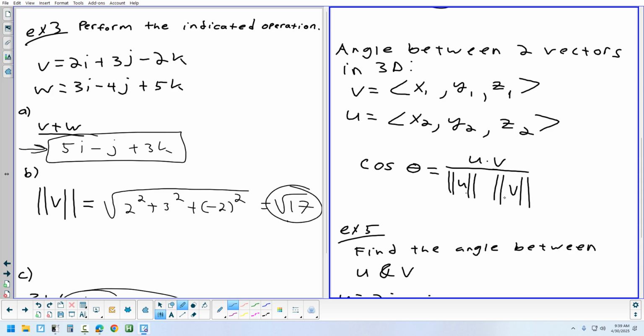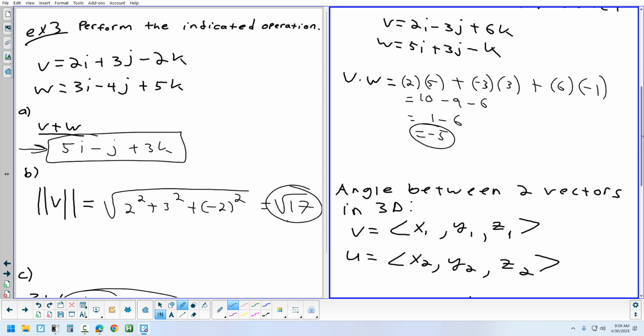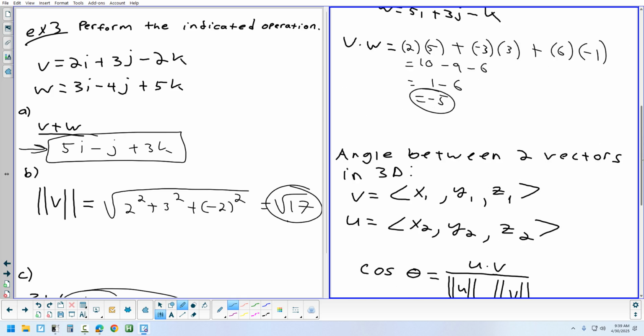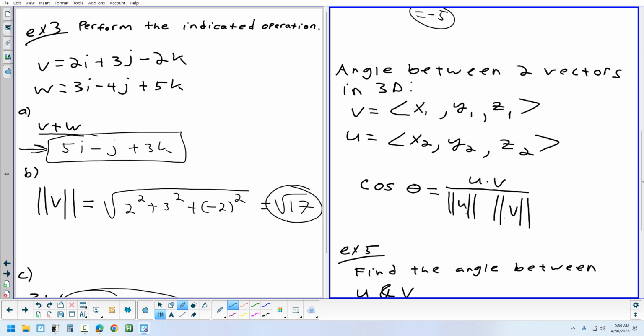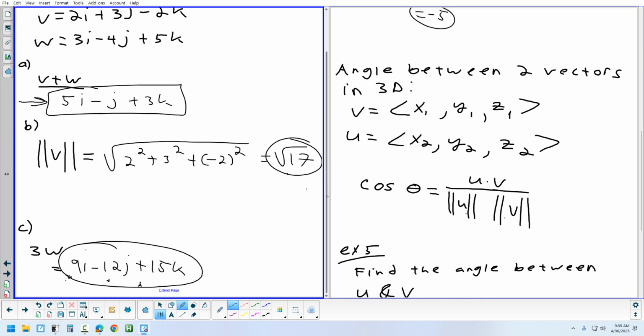It's a 3D dot product, which I just showed you how to do right up there. Then it's a 3D magnitude, which I showed you how to do right here, and another 3D magnitude. But the formula itself is exactly the same structure. Cosine of theta equals the three-dimensional dot product over the three-dimensional magnitude times the three-dimensional magnitude. It's just not two-dimensional.